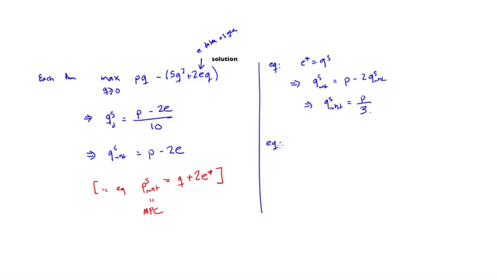Also, we know that in equilibrium the quantity supplied in the market is equal to the quantity demanded in the market, which is 1000 minus P. This is equal to P divided by 3, and together this implies that P star is equal to $750 per unit, and Q star is equal to 250 units.